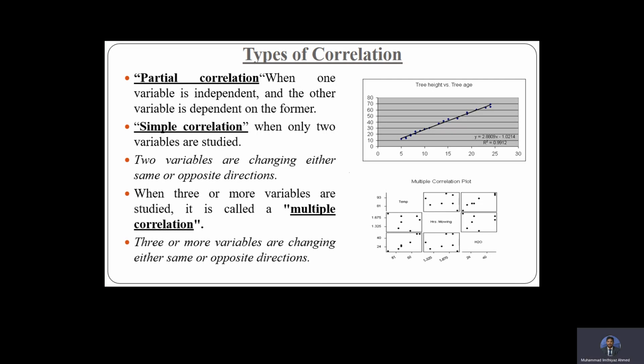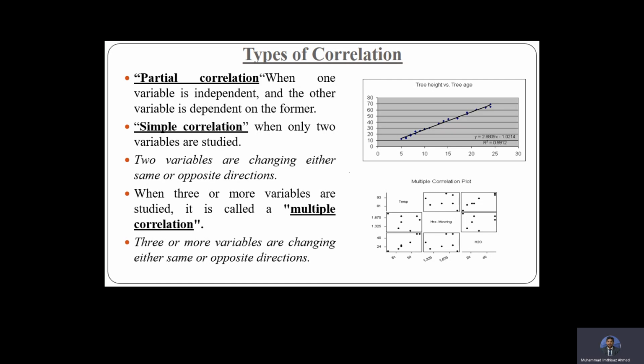Any questions here? Okay, fine. What is correlation? It is a study of two or more variables to find the relationship. That is why we are studying correlation. What is positive?